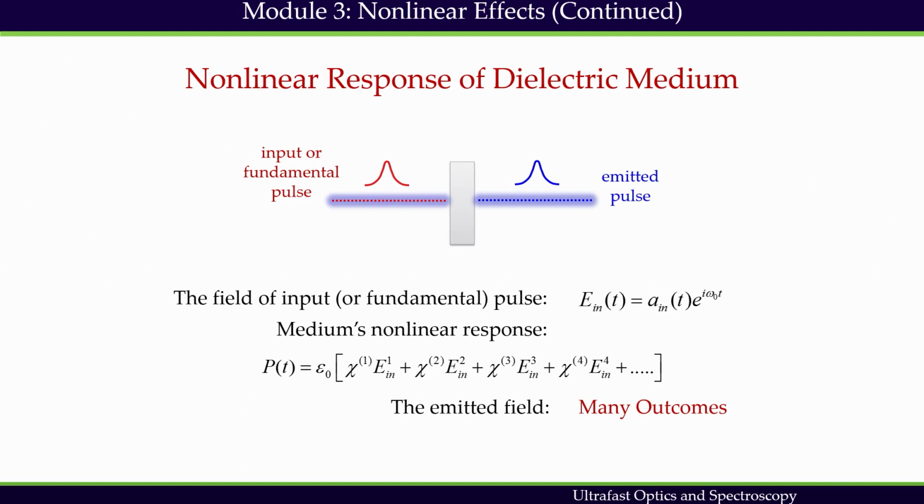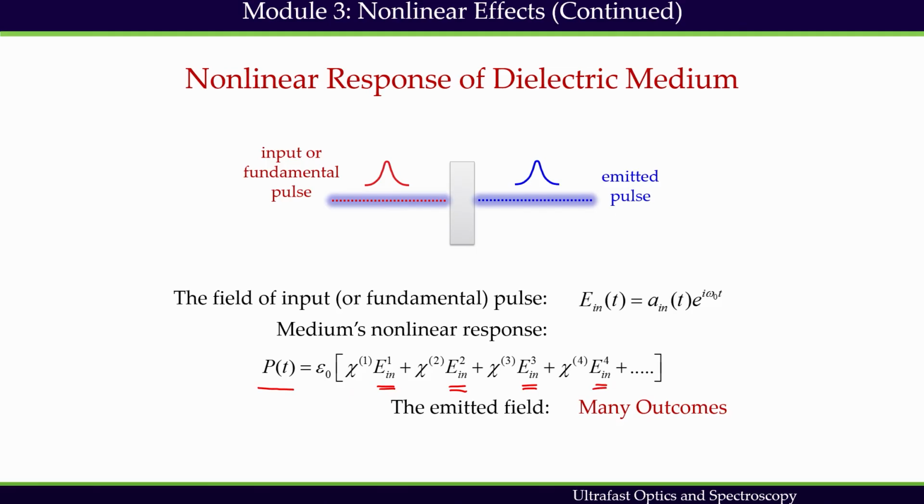We have already seen that at high electric field strength, when the radiation field is comparable to the atomic field strength which binds nuclei and electrons, the relation between the polarization and the input radiation field no longer remains a linear one. The general relationship between the polarization and the input electric field is then expressed by a Taylor series expansion, which is given here. This is the polarization and this is the input field, and it depends on these powers.